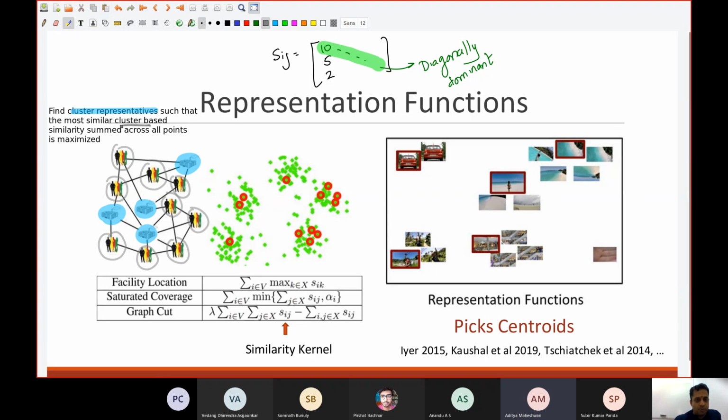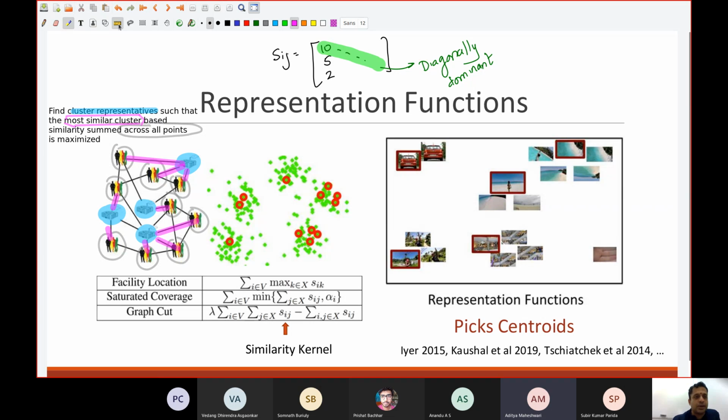There are a lot of clusters across all points, but what I want is the most similar cluster. So what's the most similar? This is the most similar cluster. This is the most similar cluster. This is the most similar cluster. These will go together, right? But now this guy will go here. So I can just do an association. Now this guy will go here, and so on. I hope I have drawn all the lines. Based on this, now this is the S_ij, max over j, right?